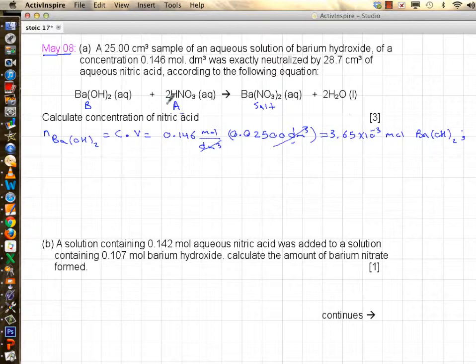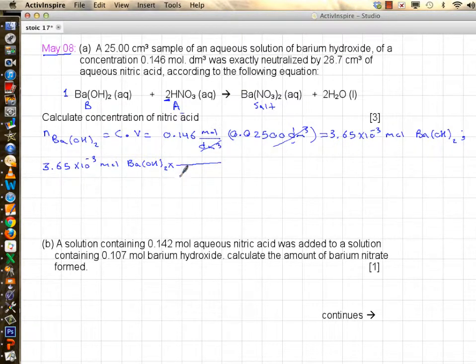Second thing I need to find is moles of nitric acid. Some of you will see it. It's 1:2 ratio, so it's twice as much. I'm going to solve for it if you don't mind. So it's 3.65 times 10 to minus 3 moles of barium hydroxide in my problem. And in any generic balanced equation, it's 1:2.